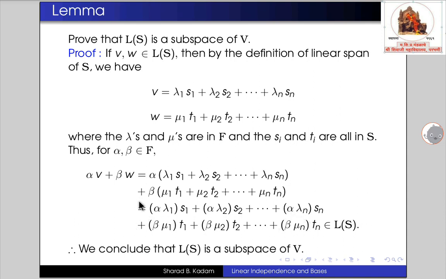So that means this is a linear span of the vectors in the set S. That means this element belongs to L of S. Since this element belongs to L of S, alpha V plus beta W also belongs to L of S. So by the definition of subspace, we conclude that L of S is a subspace of V.